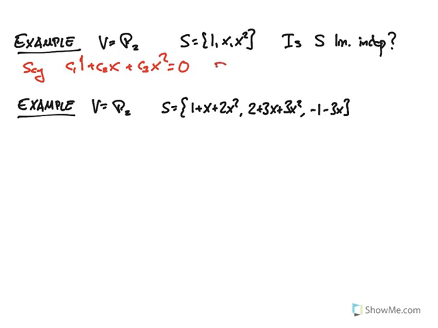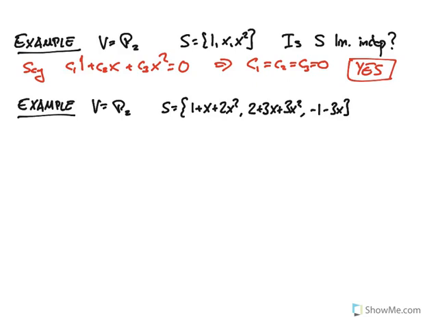The only way to have this polynomial be 0, notice I'm not solving for x here, I'm considering this as a function. The only way that the polynomial C1 plus C2x plus C3x squared is 0 as a function is if all these coefficients are 0. So yes, this is a linearly independent set.